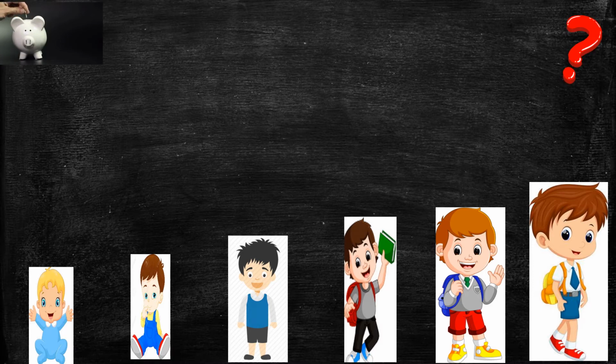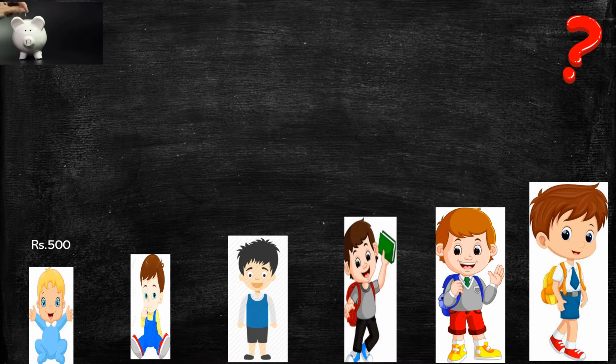Look at this example, children. Shaila puts rupees 500 into her son's piggy bank on his first birthday and adds rupees 500 to it every year. So, the amount of money in the piggy bank on his first birthday was rupees 500, isn't it?